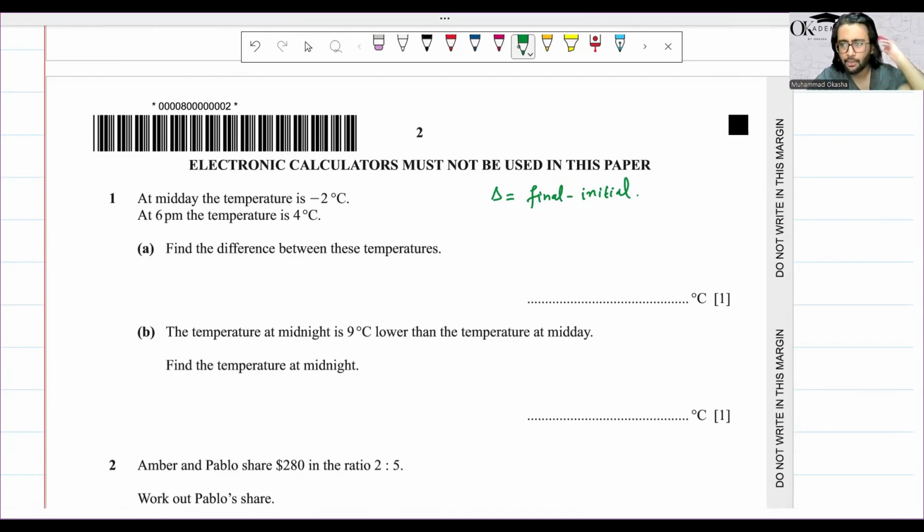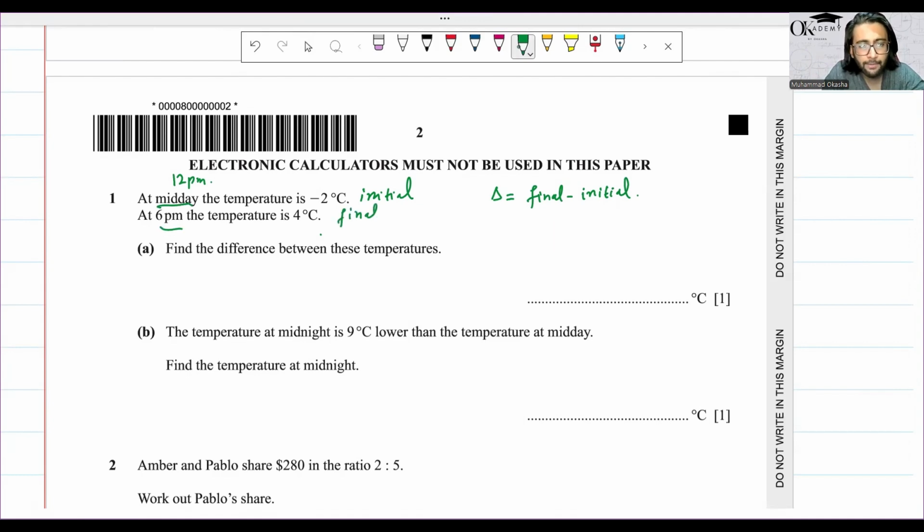Whenever we're talking about progression, if something is happening in time, something happens before and something else happens after. So you take the final value and subtract the initial value from it. Midday is about 12 p.m., noon, right? So this is the initial value, and 6 p.m. is the final value.